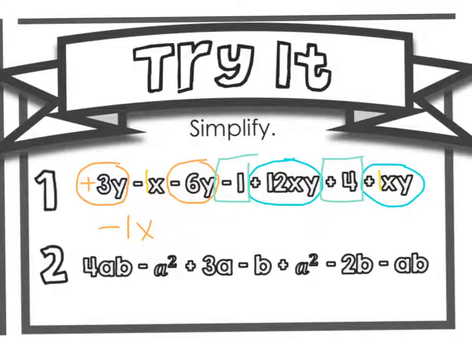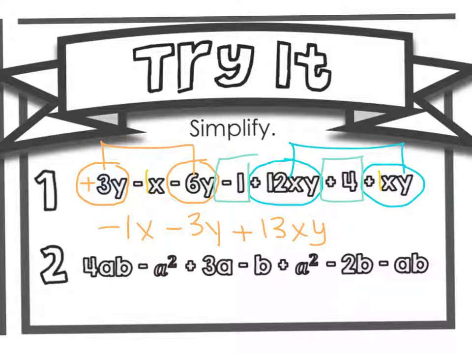Okay, that's done. Now let's combine our y's. What is a positive 3 minus 6? 3 minus 6 would be negative 3y. And let's put our xy's together. 12xy plus 1xy is 13xy.